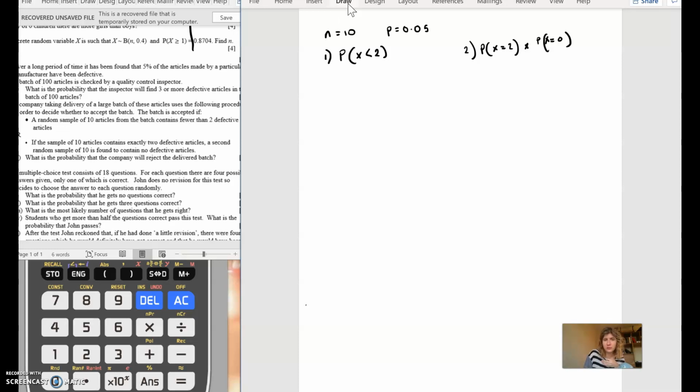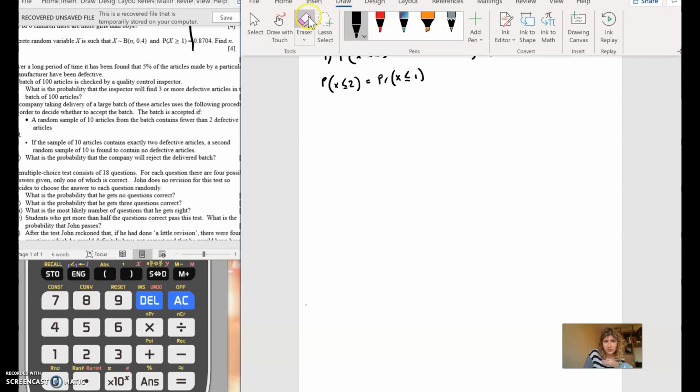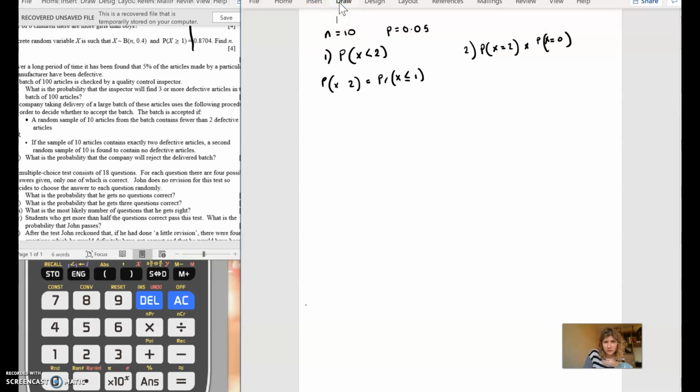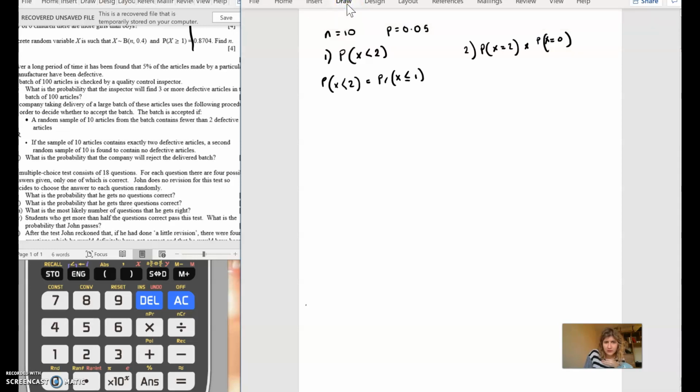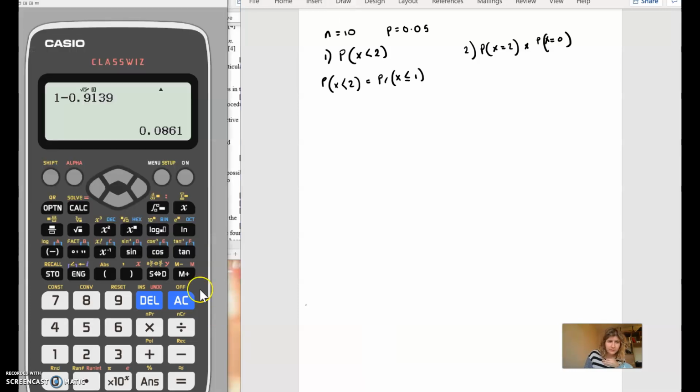So first, if we look at the part where the probability of x is less than 2, that's the same as the probability where x is less than or equal to 1. So if we work this out on the calculator, we're going to be using binomial CD.